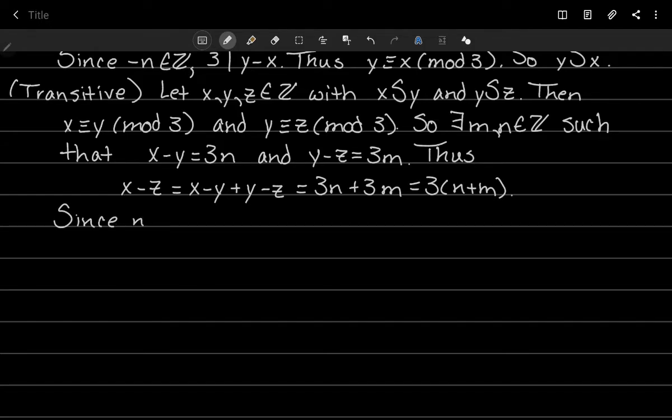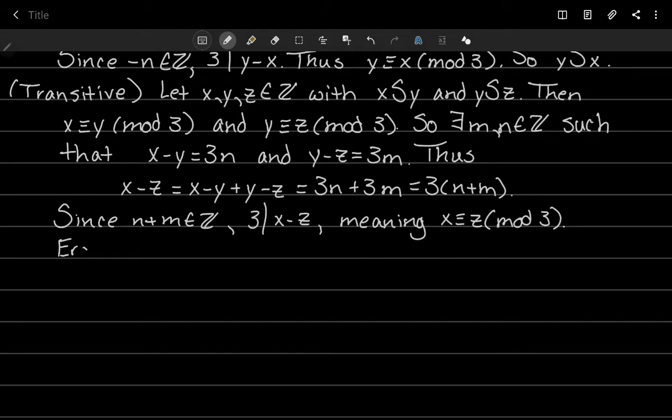Since n plus m is an integer, 3 divides x minus z, meaning x is congruent to z mod 3.